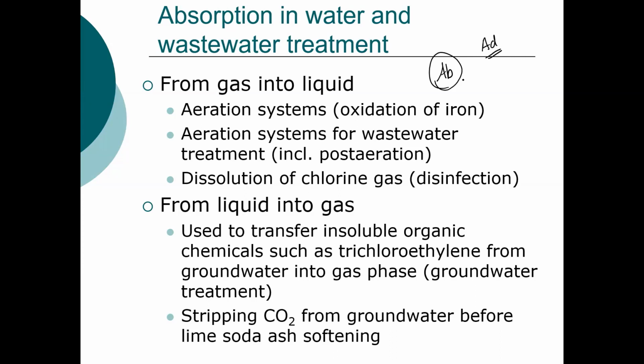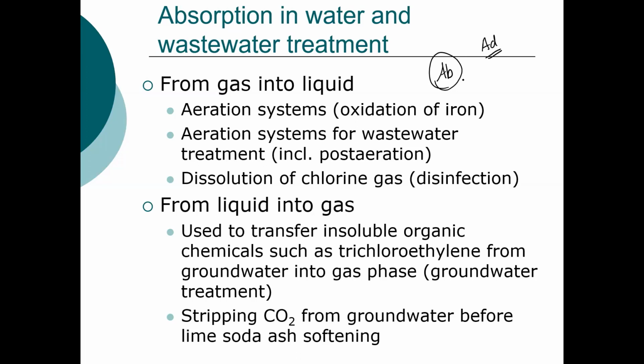And we can talk about dissolution of chlorine gas. So we're adding chlorine gas to the water to be treated. If you recall, when we add chlorine gas, that chlorine gas dissolves, forms hypochlorous acid or hypochlorite, depending on the pH. And that is what we use as a disinfectant.